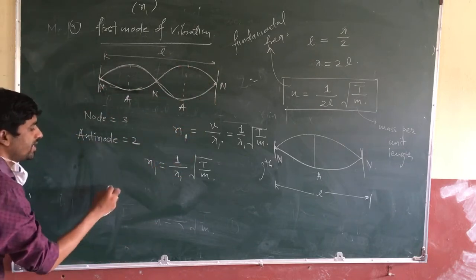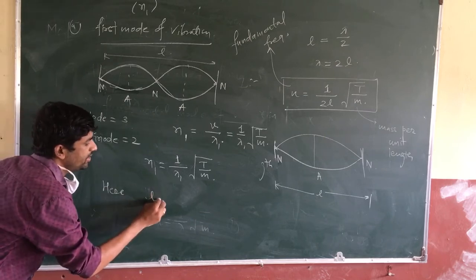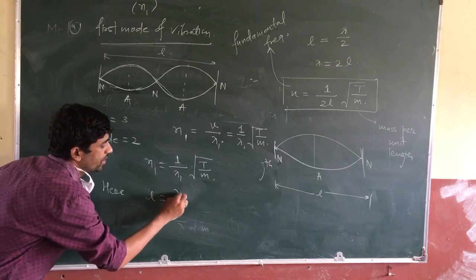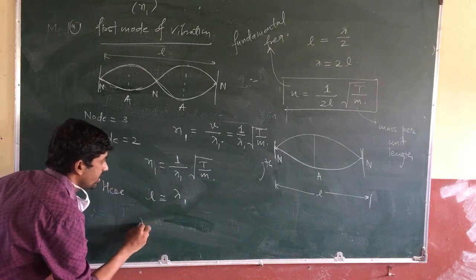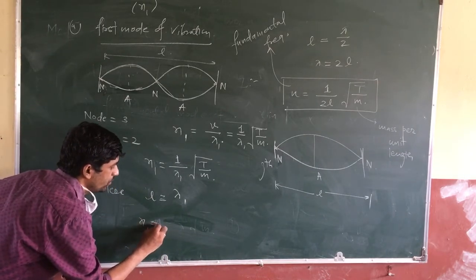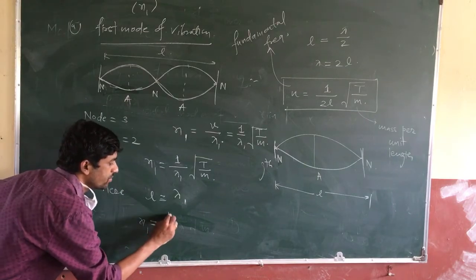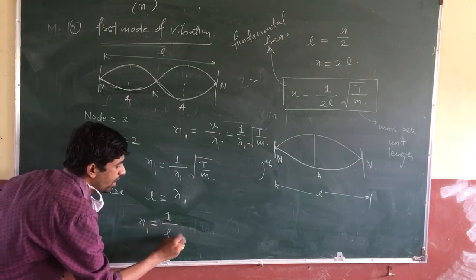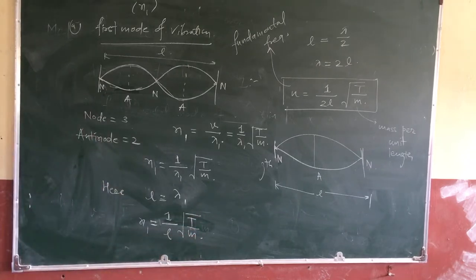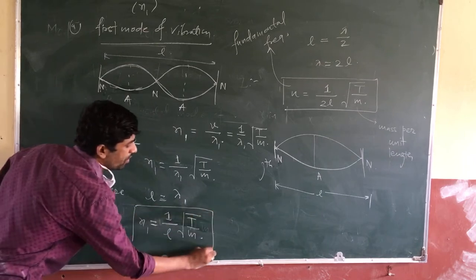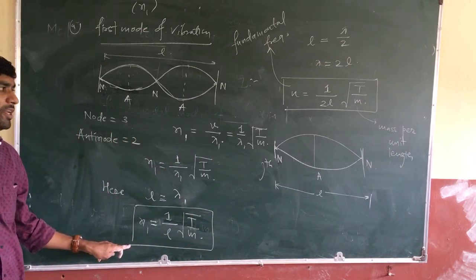So for the first mode of vibration, the length of the string is equal to lambda 1. Lambda 1 is equal to L, so N1 is equal to 1 upon L under root of T divided by M. This is the formula for your first mode of vibration.